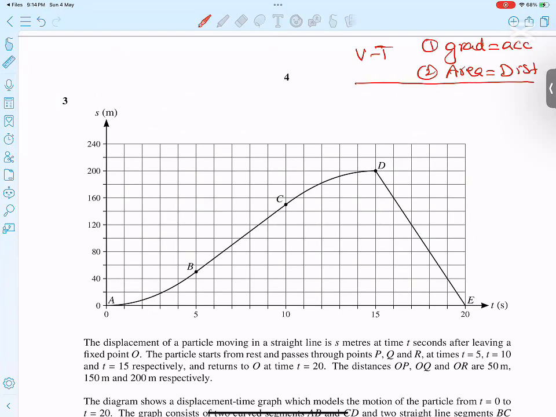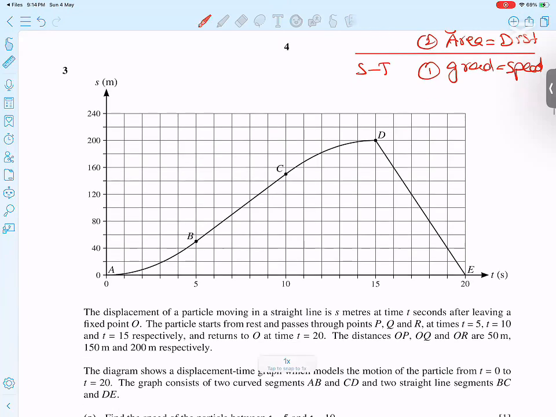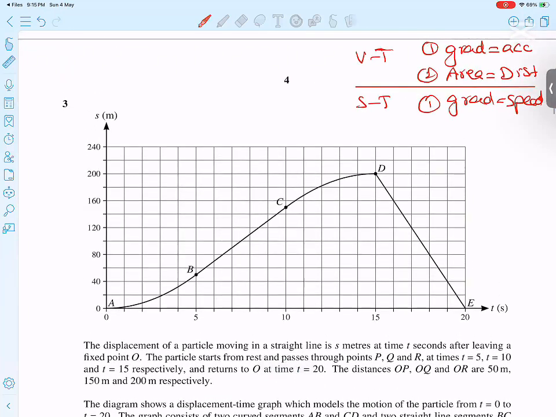But if you talk about the distance time graph, or ST graph, there is only one criterion: the gradient of the line represents speed. That's it. And the area under the graph represents nothing.